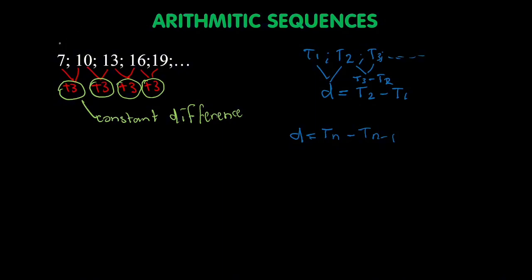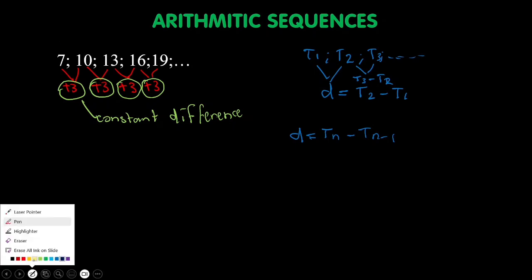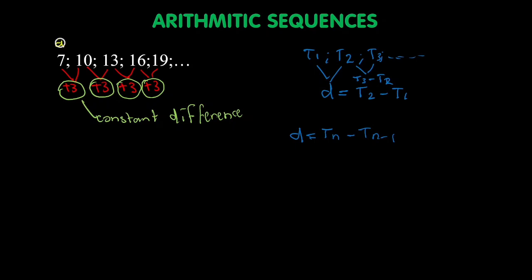With that being said, when we want to understand how this pattern came about, let's say 7 is denoted by the letter A. What would happen for us to get to 10? We would have to say A plus D. For us to get to 13, plus another D. And it will go on and on. So let me put it neatly here so that we can understand.